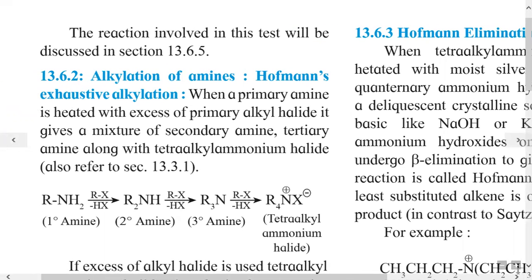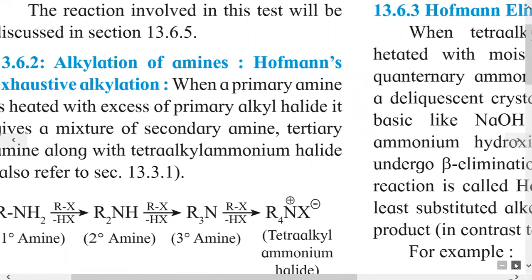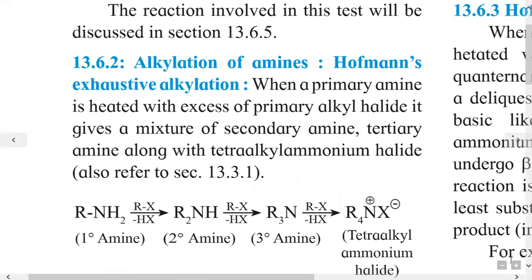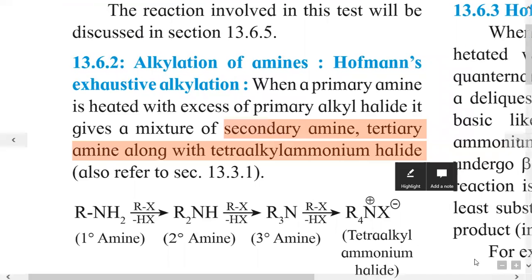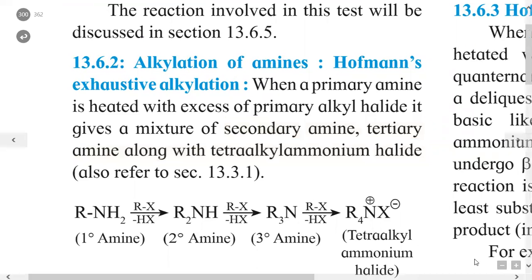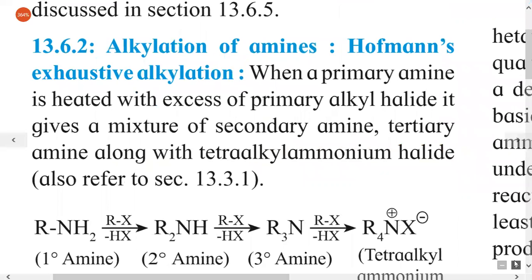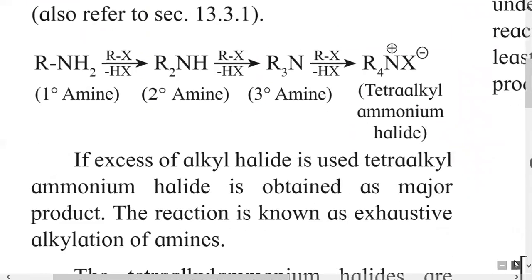Here, when primary amine is heated with excess of alkyl halide, it gives a mixture of secondary amine, then tertiary amine, along with tetraalkyl ammonium halide, and this is called alkylation of amine, or also Hofmann's exhaustive alkylation.